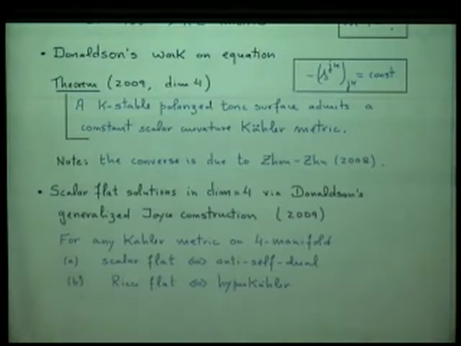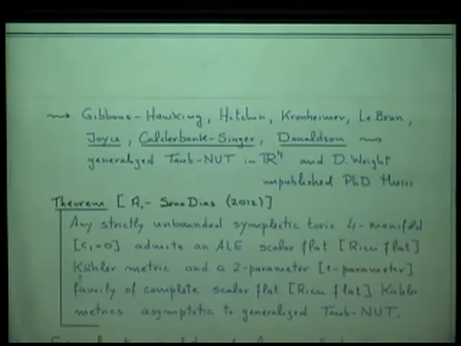And so, okay, I don't want to press the wrong button. Good, this was the right button. And so there is a long list of people that use these facts to construct explicitly Ricci flat metrics and so forth in this dimension 4. So Gibbons-Hawking, Hitchin, Kronheimer, LeBrun, Joyce, as I mentioned.